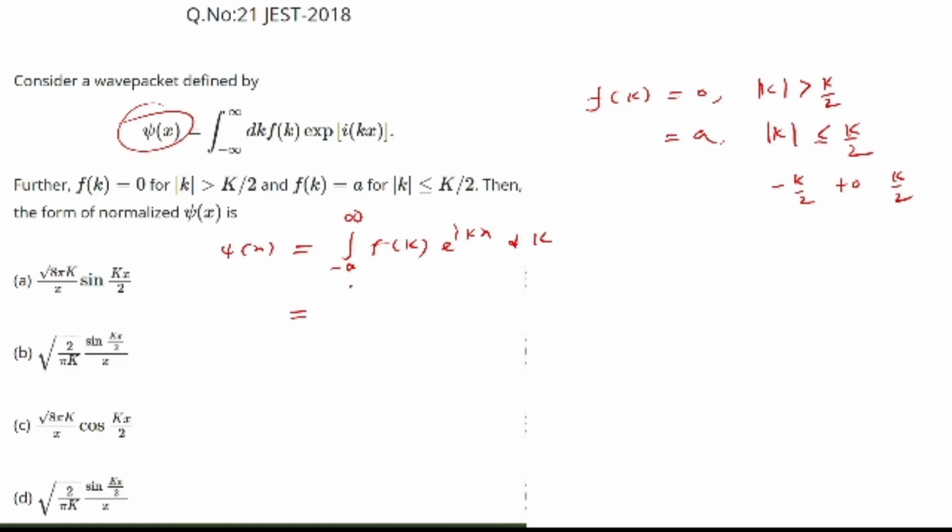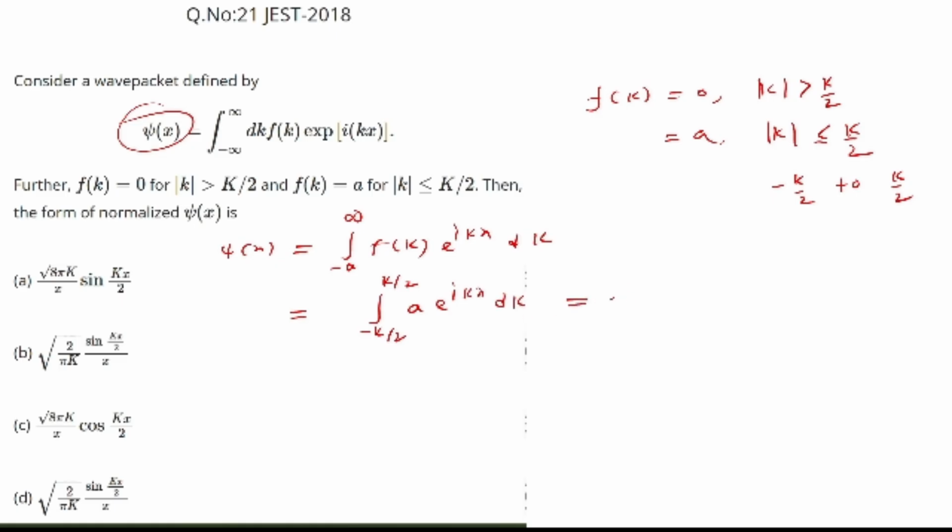Now, within minus k by 2 to k by 2 the function is defined, so we can integrate only from minus k by 2 to plus k by 2, a e to the power iota kx dk.